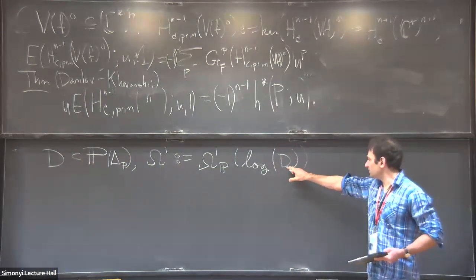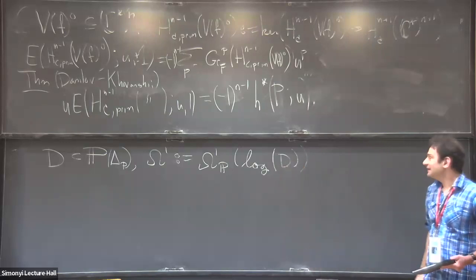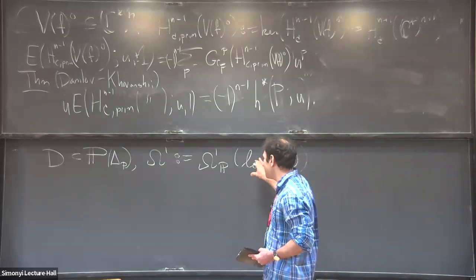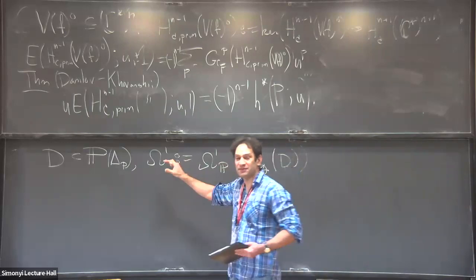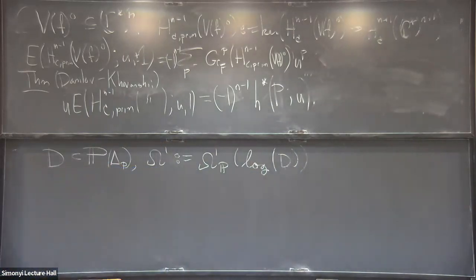These mean one-forms that are allowed to have poles on the boundary, and somehow this lets you pretend that you're working on the complement of the divisors, so you're working on an algebraic torus.